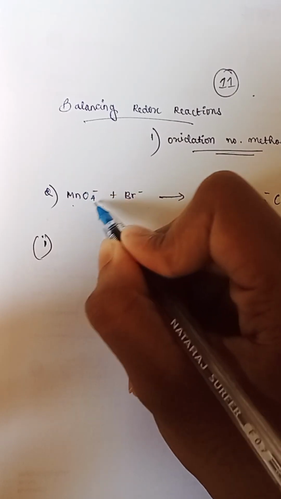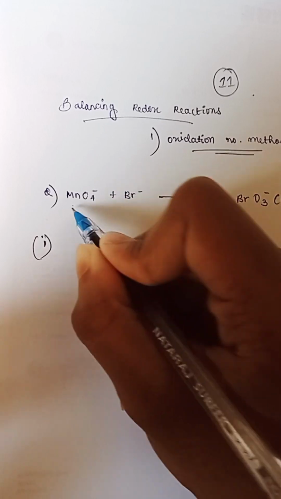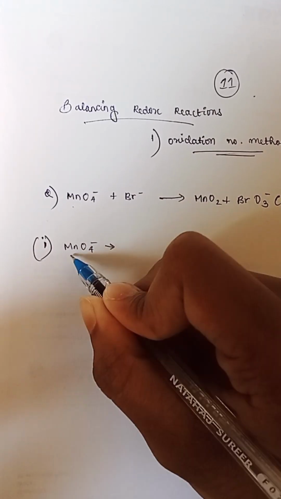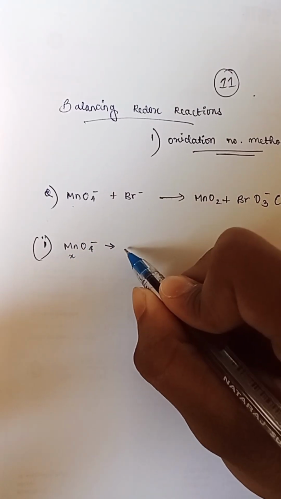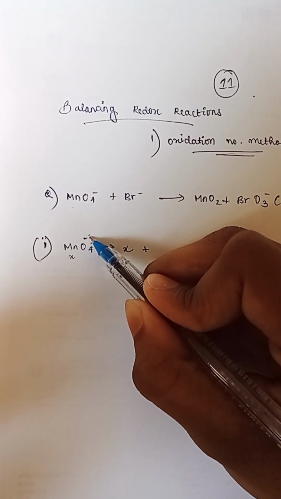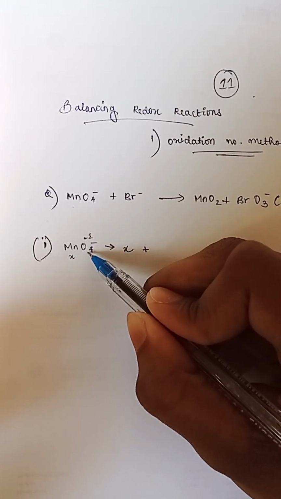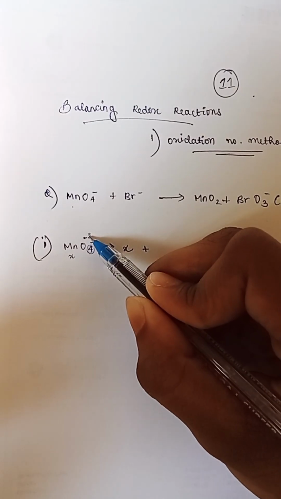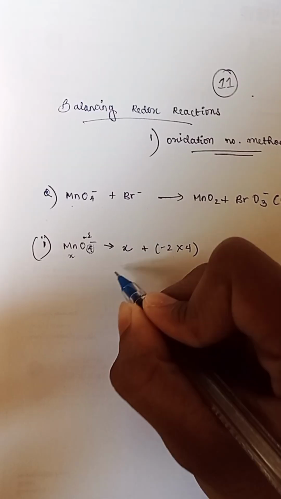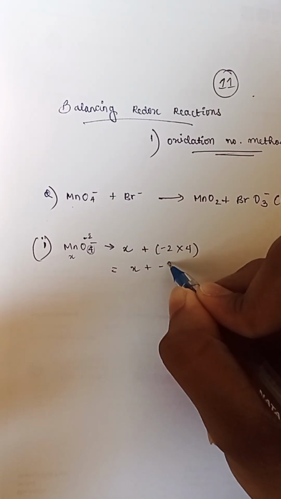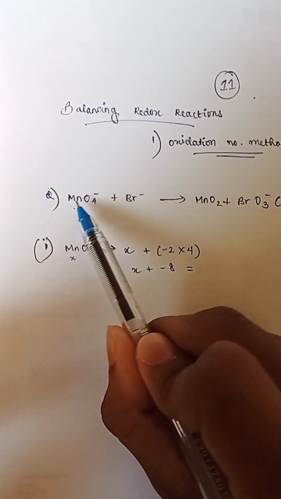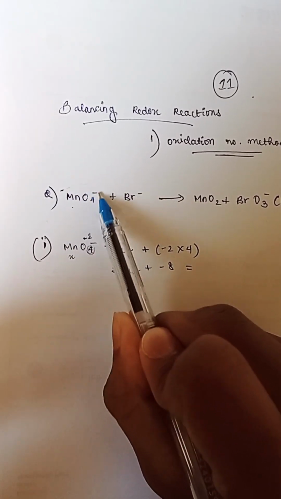We know the oxidation number of O is minus 2. We'll take the oxidation number of Mn as x. So x plus minus 2 into 4, which gives x plus minus 8, is equal to, when you look at the whole compound, there is no power given.